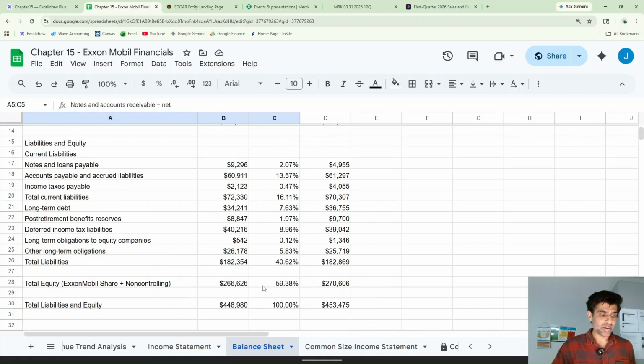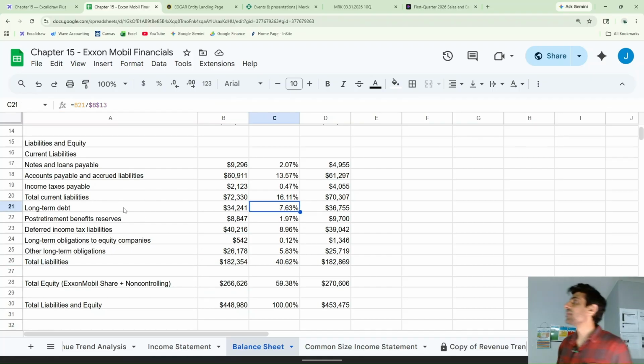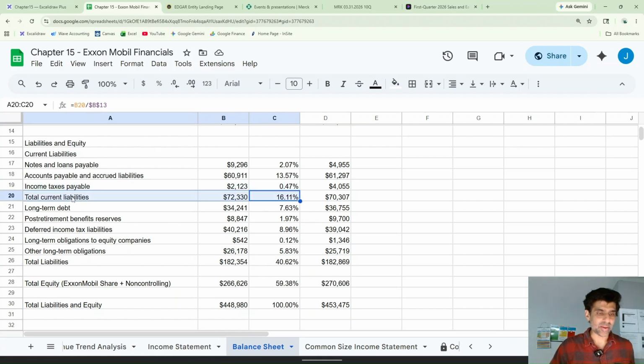And then one big piece of information here is this and this. You can see how they're financed. It's kind of like a 60-40 split. Interestingly, the reason maybe they didn't have a lot of interest expense is that most of this liability is current. These are probably trade payables, so they're not interest bearing.